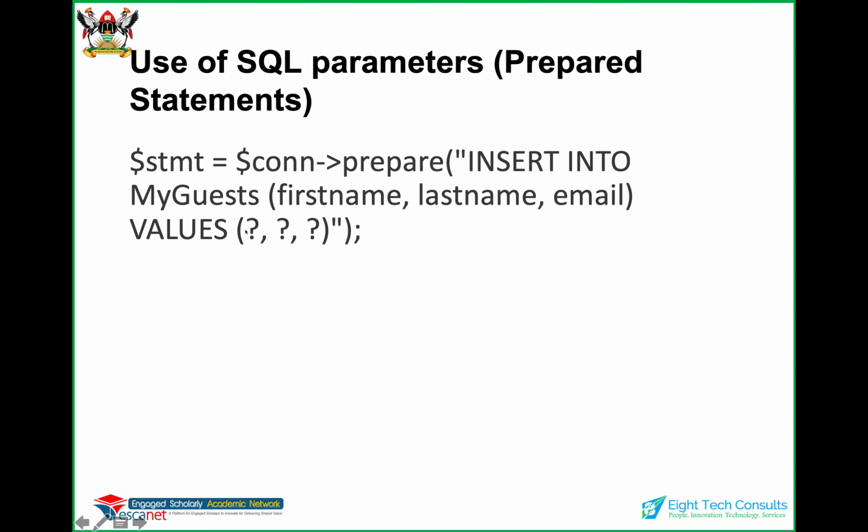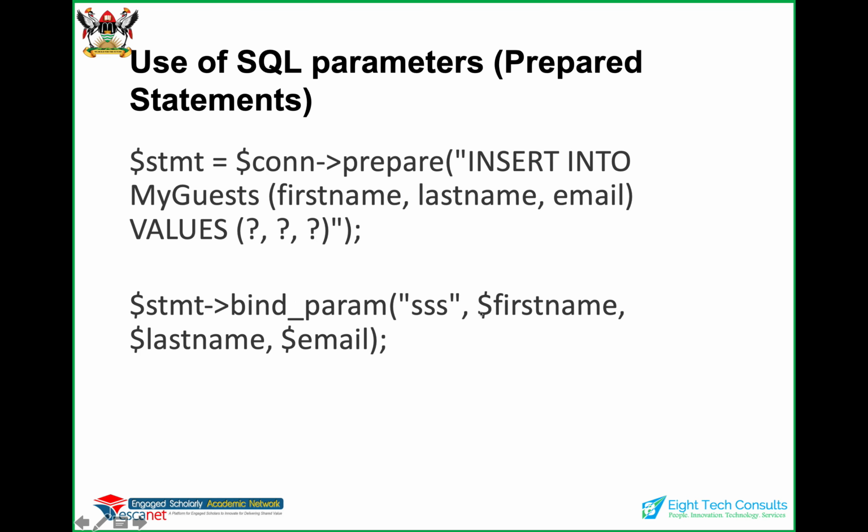So instead of putting the values directly here, which would make our SQL prone to injection, we put question marks, and then later we bind them. We say bind, and then we pass there the value that we expect from the user. So even if the user tries the trick of inserting their own SQL inside here, the prepared statement will not allow it. And then we execute it. By doing that, you will be free from SQL injection.